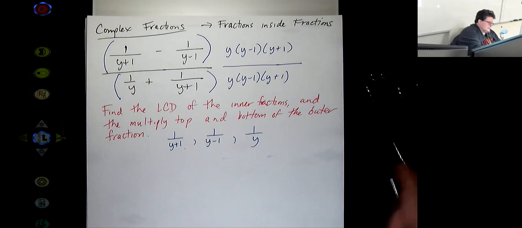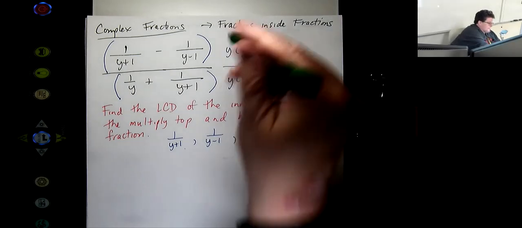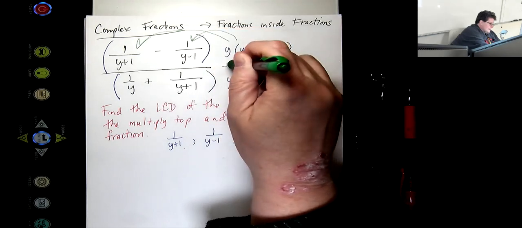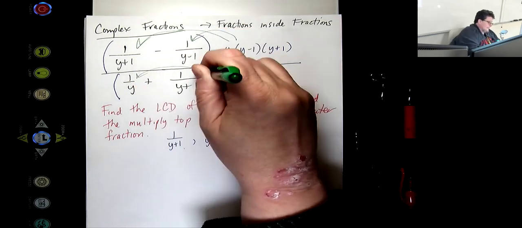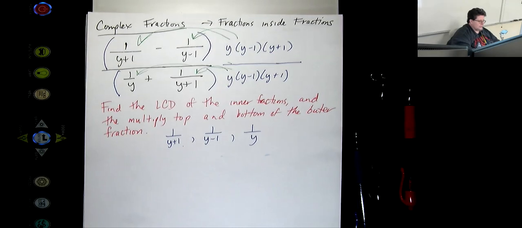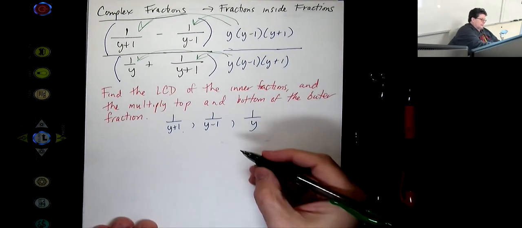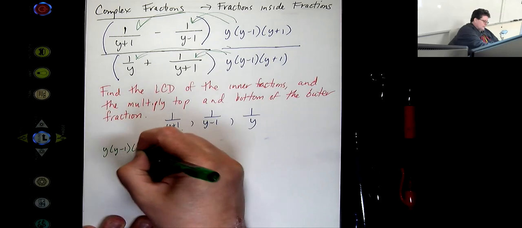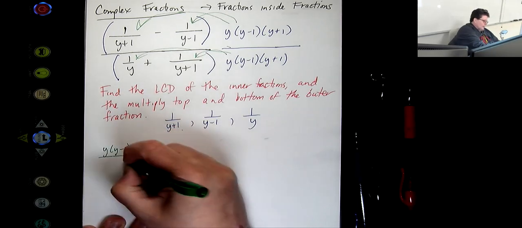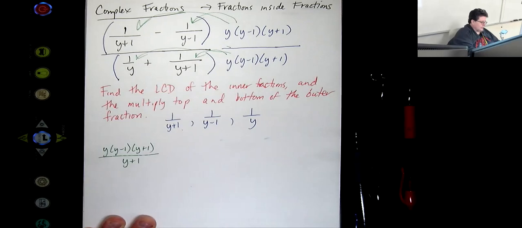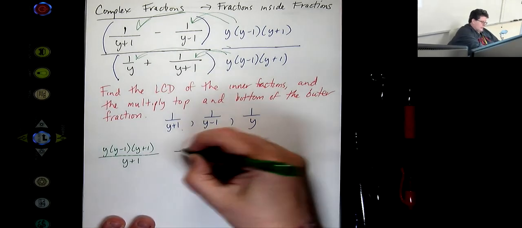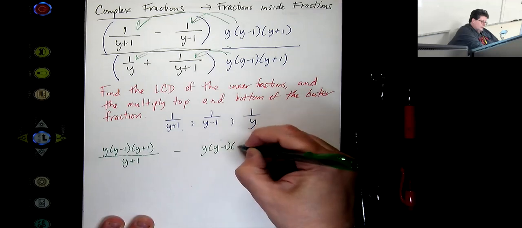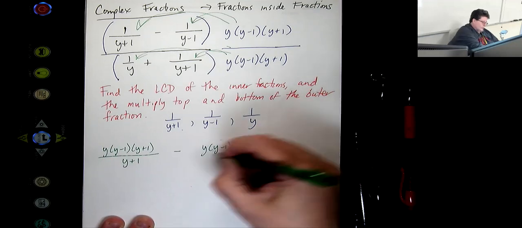Which means I gotta distribute it to each one. It's gotta go to that one, that one, that one, and that one. I'm not gonna clean anything up yet, I'm just gonna do that distributing. I've got y times y minus 1 times y plus 1 over y plus 1. That's my upper left one. My upper right one is y minus 1, y plus 1 over y minus 1.